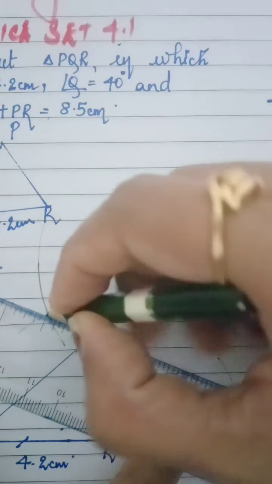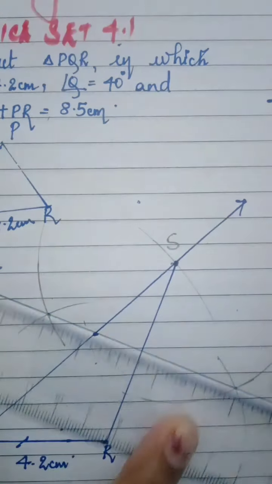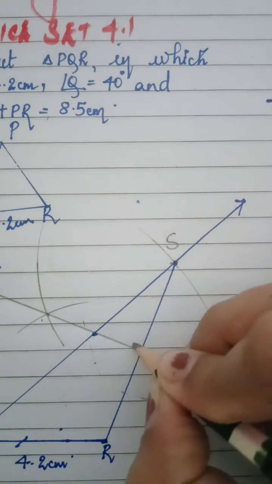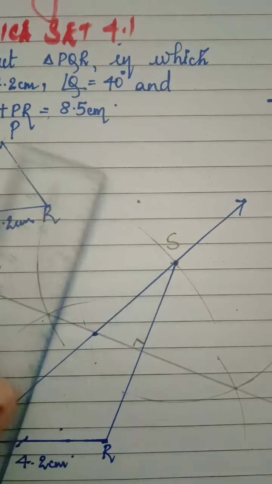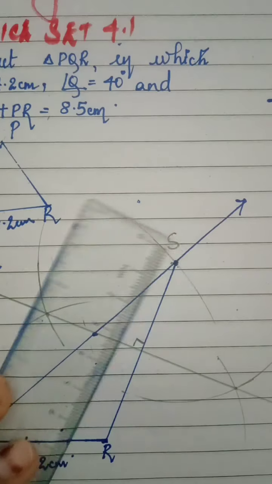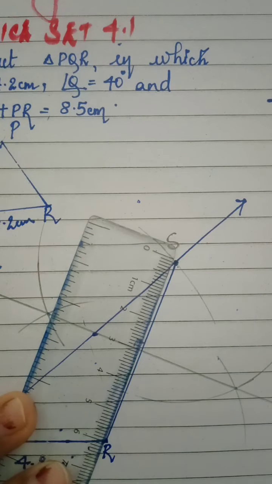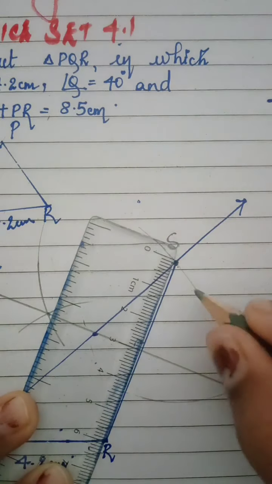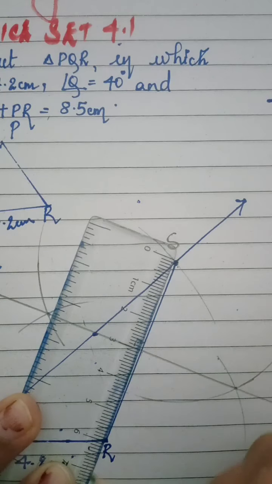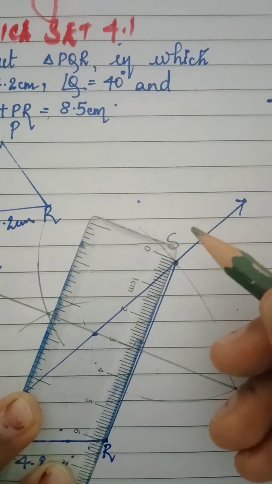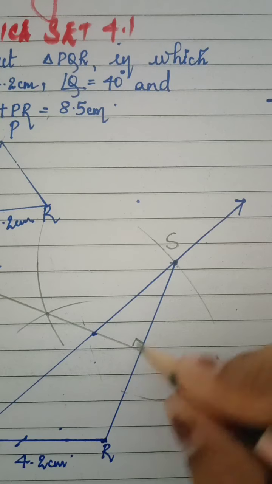So you have the perpendicular bisector for side SR. Show the perpendicular sign. Just see, children, SR was 6 centimeter, 3 centimeter right, 3 centimeter left.